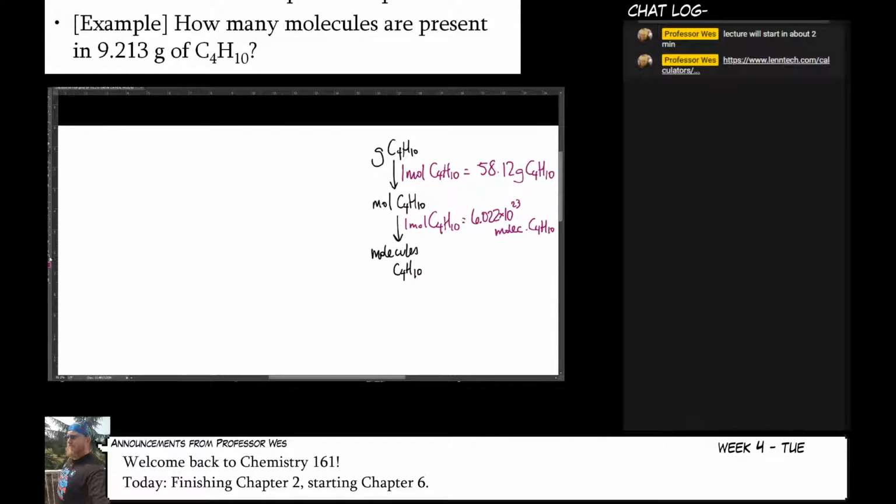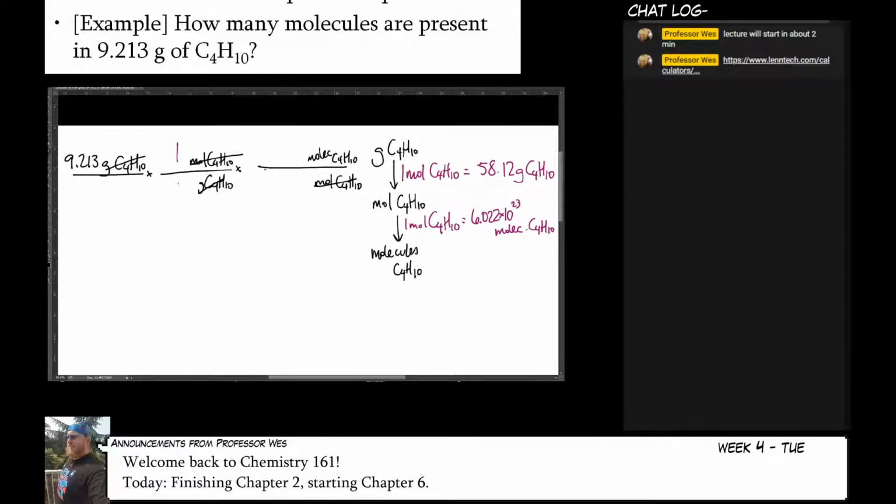All right, so now let's set up the dimensional analysis. So we've got 9.213 grams C4H10. So we got that, and then we can cancel out moles with molecules. And then run the numbers.